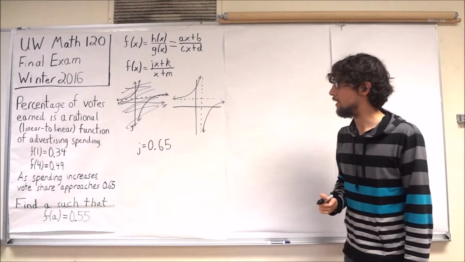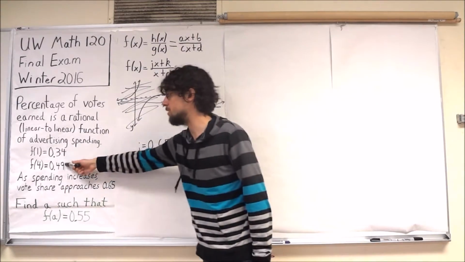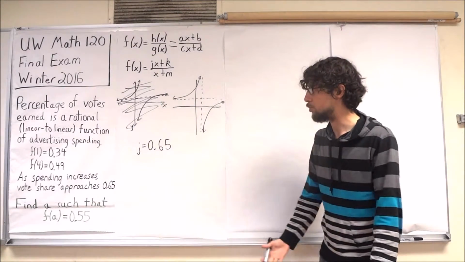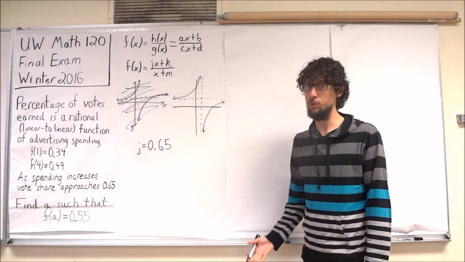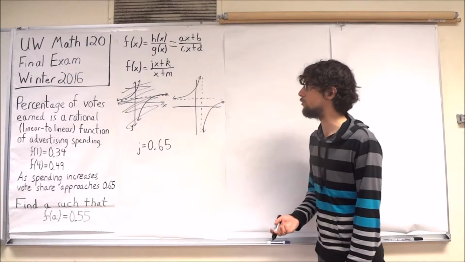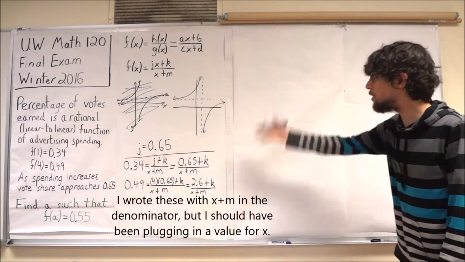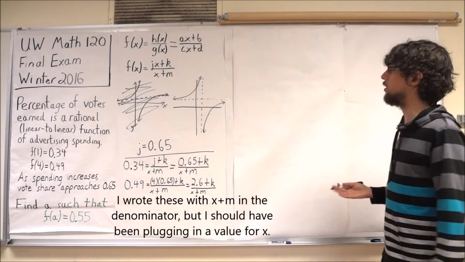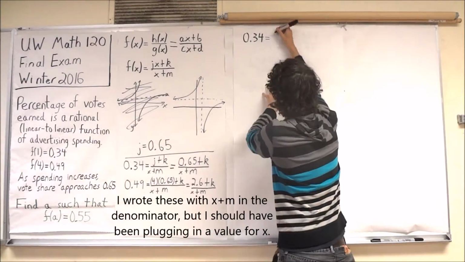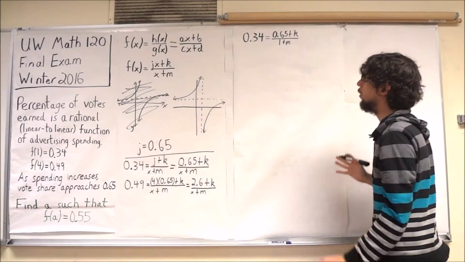Now, we simply have 2 unknowns, k and m, and 2 explicit data points. We can do what we always do: plug in our 2 points, generate a system of 2 equations, and solve our system for k and m. Let me just rewrite these with x plugged in. So this is my first equation now.